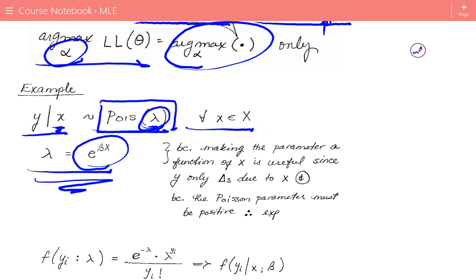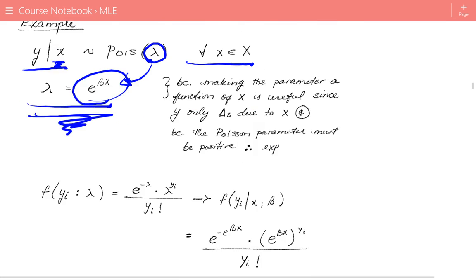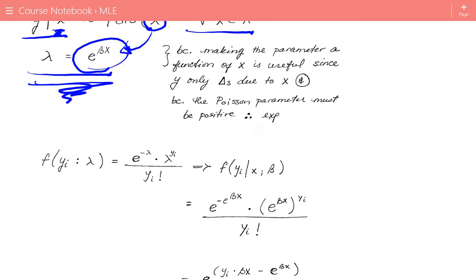You can take the specification of what y is intended to be, in this case Poisson, and then simply specify the parameters in the model as a function of the variables you're going to condition on. Because that's the only way that the conditional distribution can, in fact, be non-trivially conditional. It can't come in any other fashion. It must go through at least one of the parameters. So in this case, I'm going to say that lambda is equal to e to the beta x.